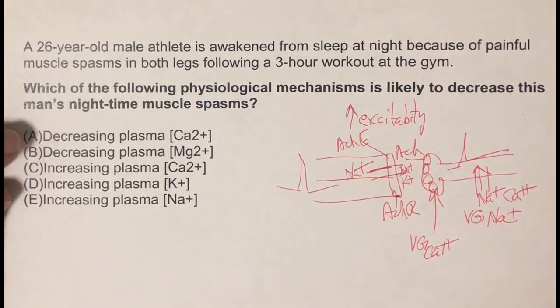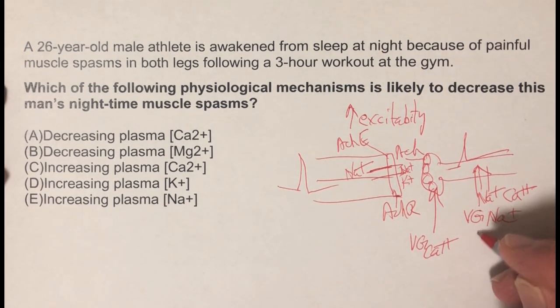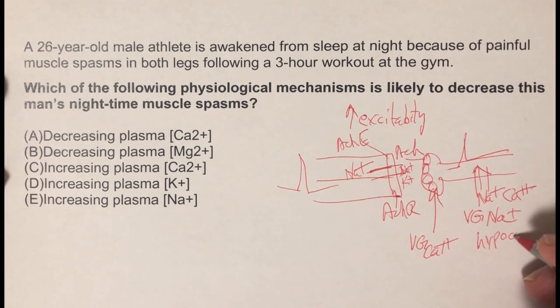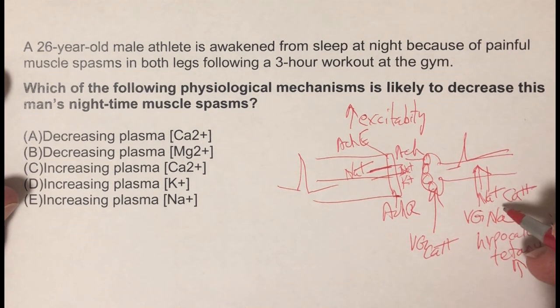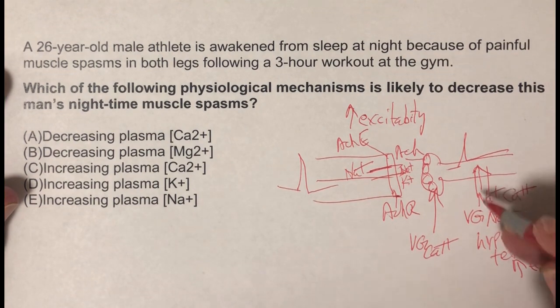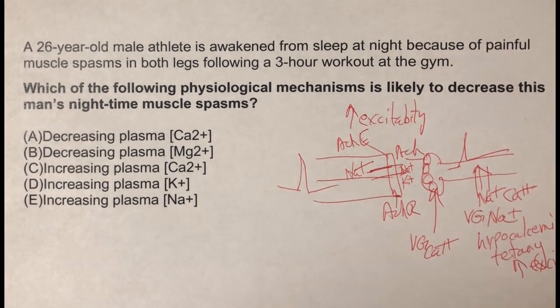So if we decrease the plasma calcium level, we produce a condition known as hypocalcemia. Hypocalcemia produces a condition known as tetany, which is a state of increased excitability. Why? Because the calcium at the voltage-gated sodium channel is blocking or keeping the sodium from coming in too quickly.